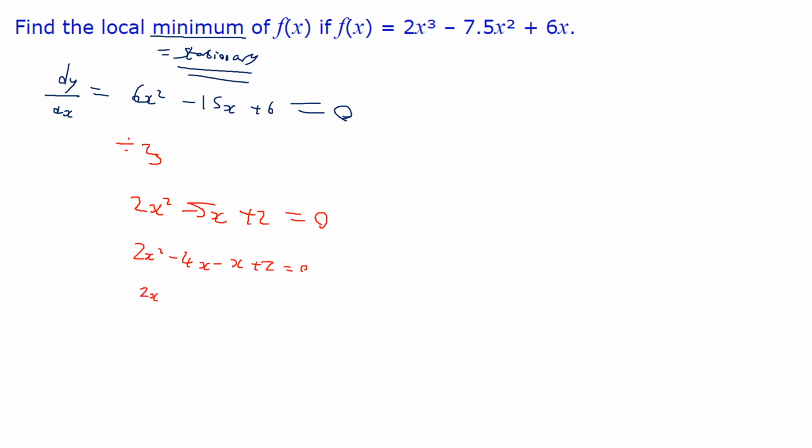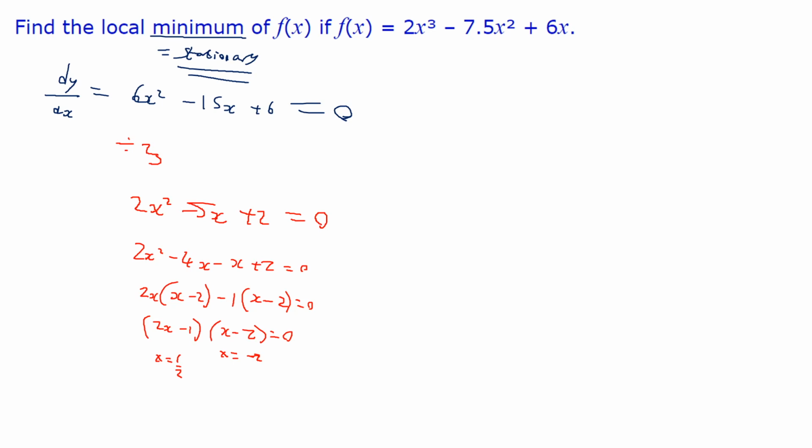So what we're left with is 2x times x minus 2, minus 1 times x minus 2, equals 0. And so therefore we're left with 2x minus 1 and x minus 2 is equal to 0. And so x is equal to 2 and x is equal to a half, okay?